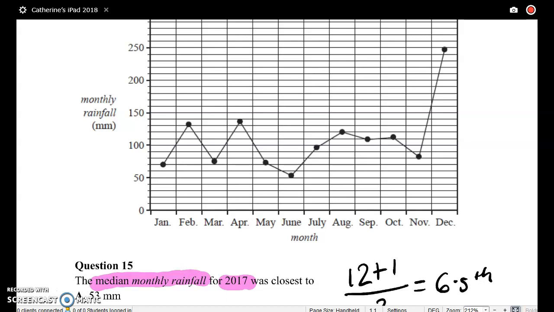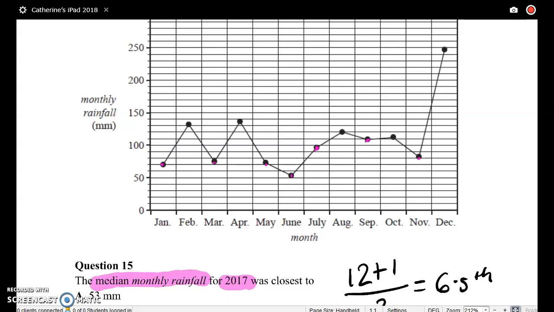So counting carefully here, 1, 2, 3, 4, 5, 6, 7. So between the 6th and the 7th.